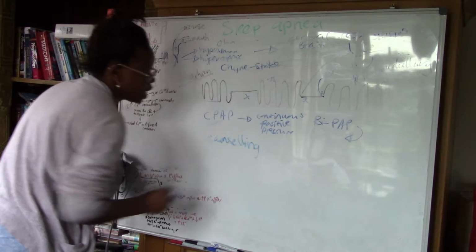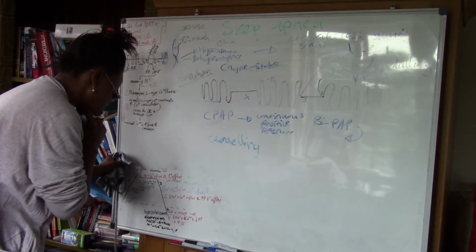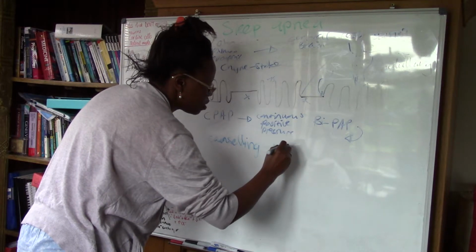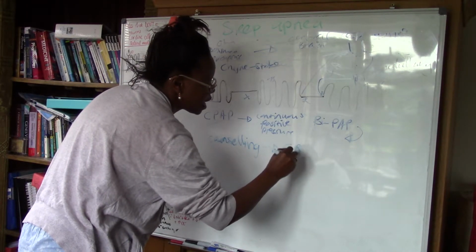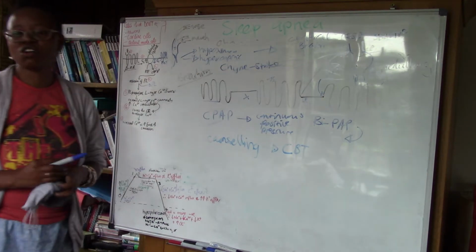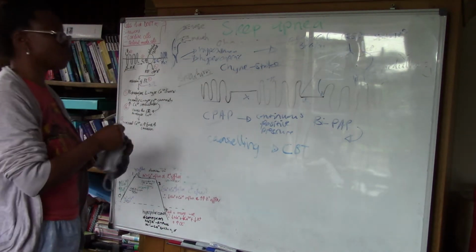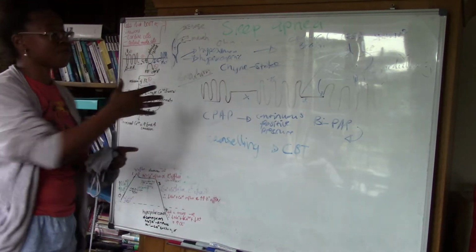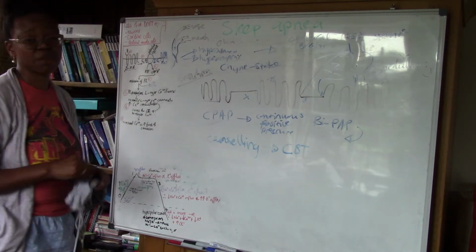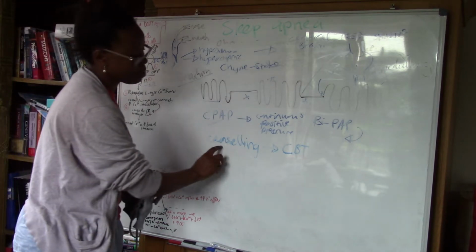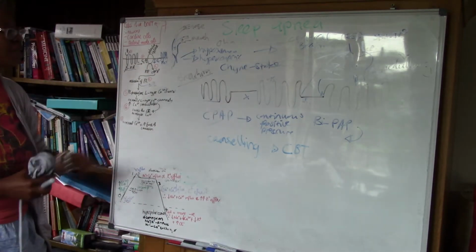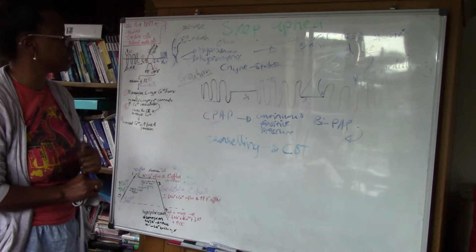And oh, I've forgotten the name of the therapy. Oh, cognitive behavior therapy. Just to manage all the issues that have arisen from that inability to sleep properly. And they might need marriage counseling as well if it has affected everyone in the family.